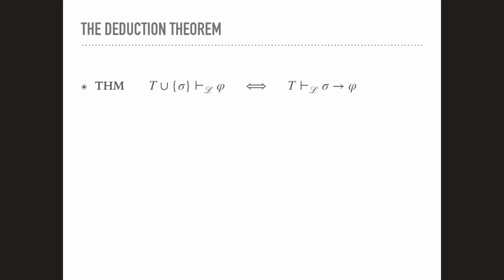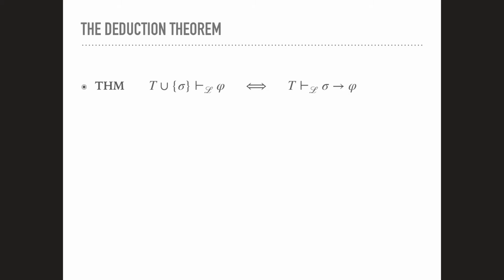So we rely on the fact that proving an implication is the same as assuming the hypothesis and then showing that the consequence holds. That this is actually formally justified in our proof system is the subject of the deduction theorem.